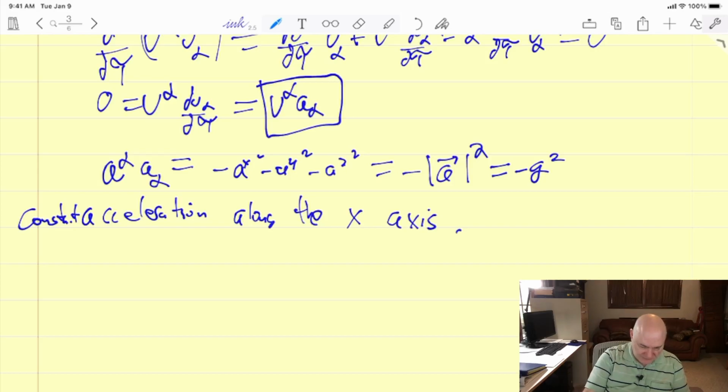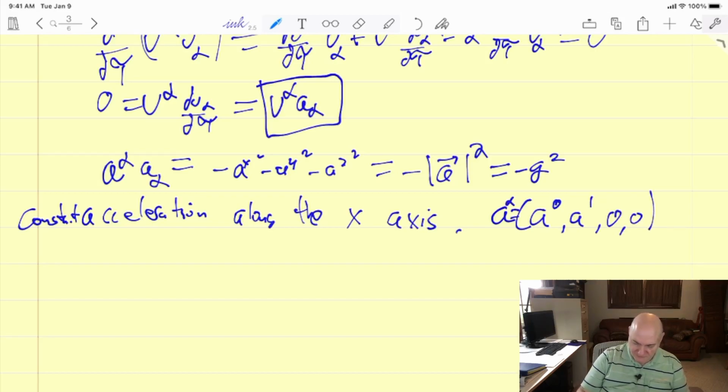Since we're only working along the x direction, a is going to have components a0, a1, and y and z are going to be 0.